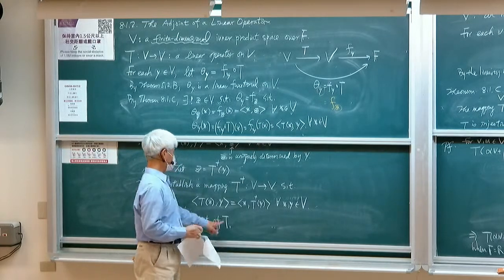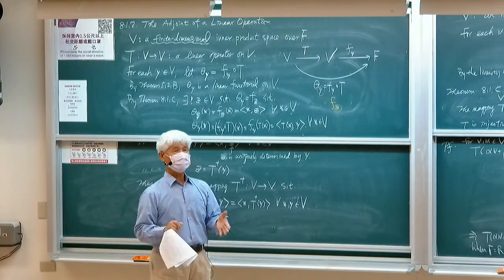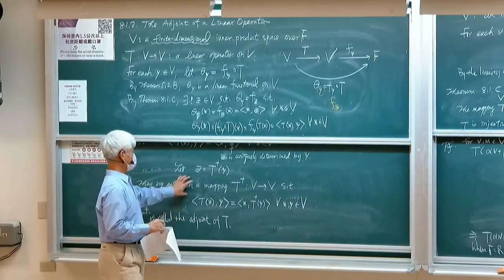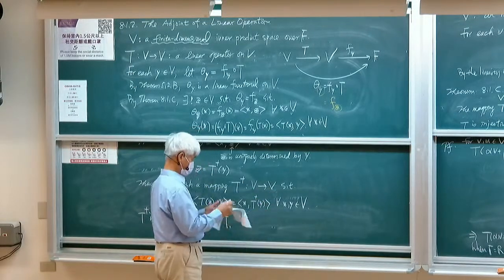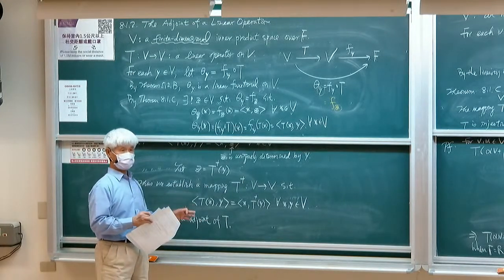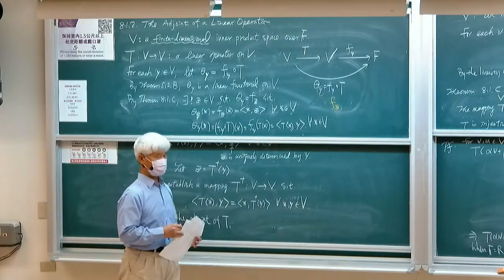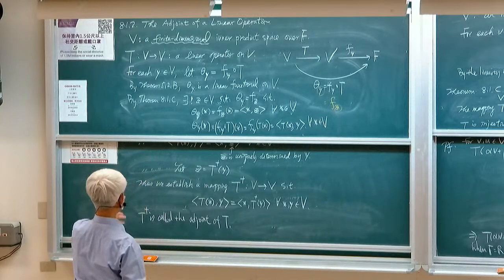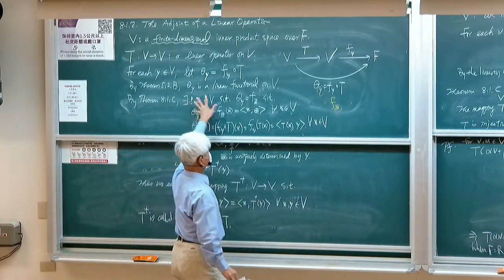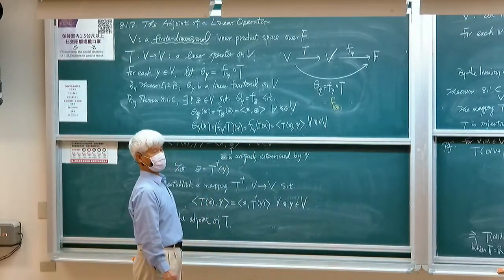Now, if you have a linear operator on a finite dimensional inner product space, then you have another mapping here called T dagger, adjoint, from V to V. Okay. And of course, we have to show that this T dagger is also a linear operator on V. Okay, so we will show that immediately. But you have to look at the construction of the adjoint. Indeed, we just described the mechanism, how we establish this mapping T dagger, right?